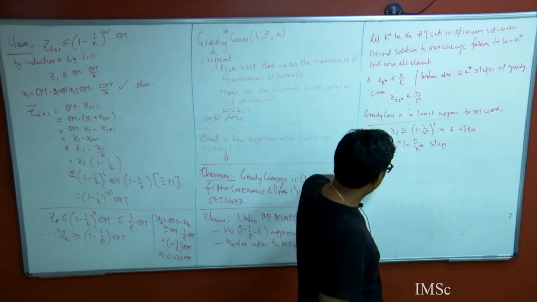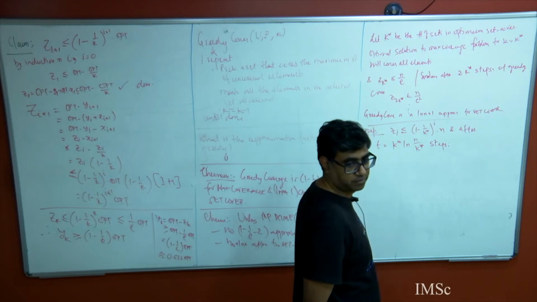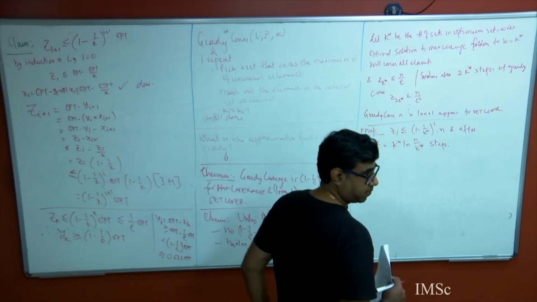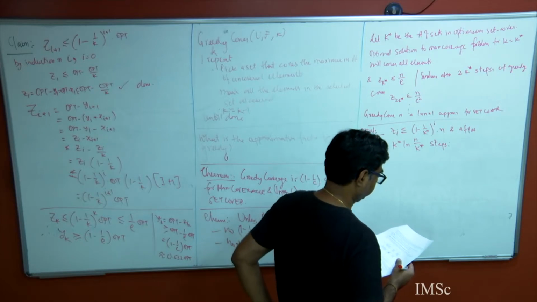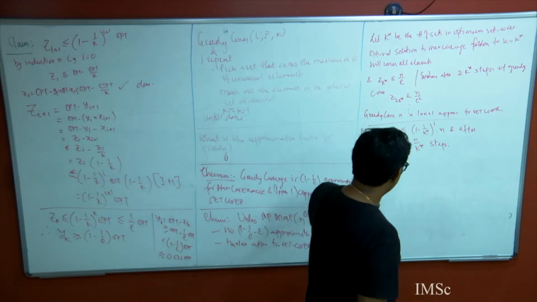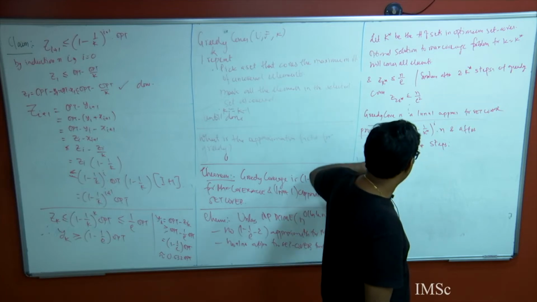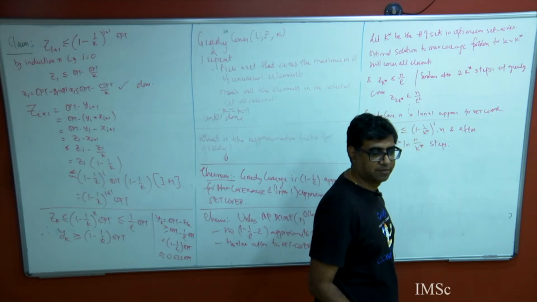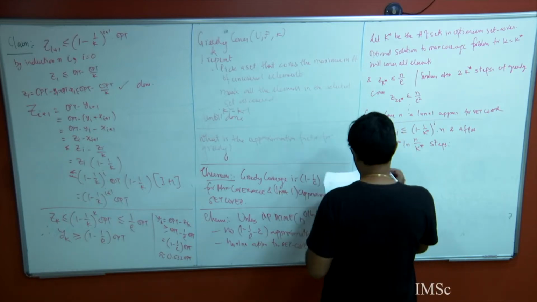So now what I am doing is K star times ln n by K star steps. How many elements are left? So if I substitute these steps, how many elements will I cover? How many elements will be left to cover? What is z t?